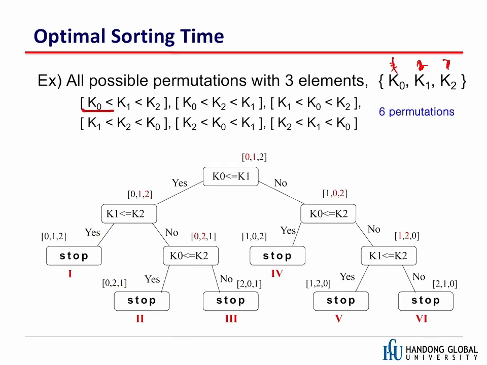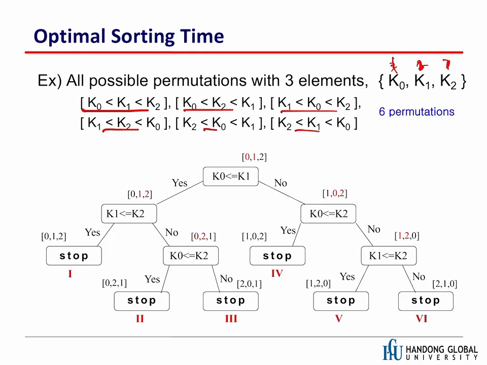Actually, there are 6. So 1, 2, 3, 4, 5, 6. So we can make 6 permutations, no more than this. To get these permutations, we can use this binary tree.